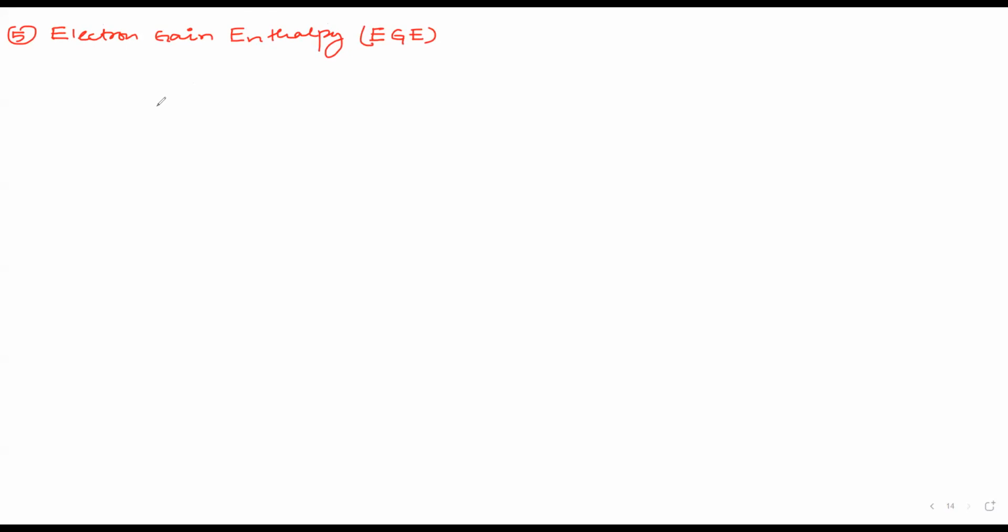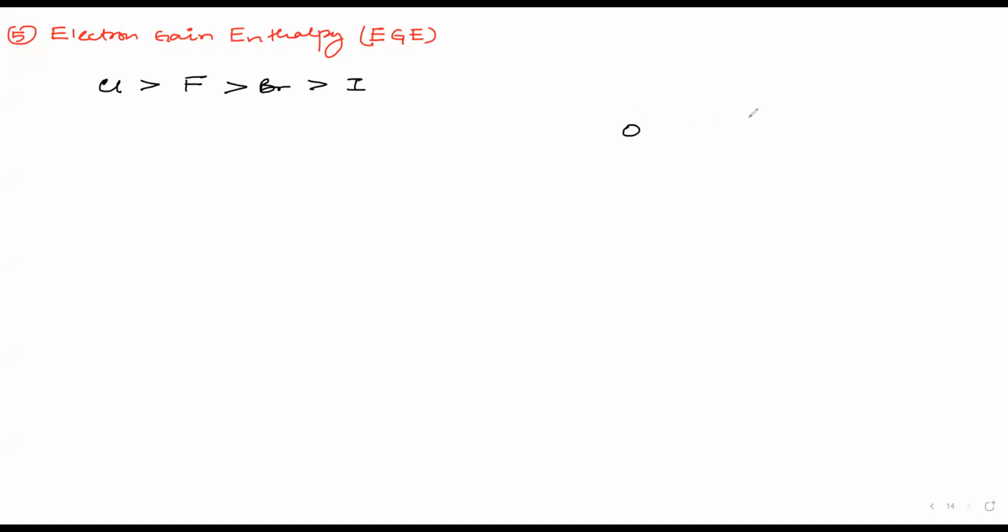From top to bottom, it decreases. But as we saw in oxygen, in the group 16 elements, also we saw that. So here also chlorine will have higher electron gain enthalpy than fluorine, than bromine, and then iodine.